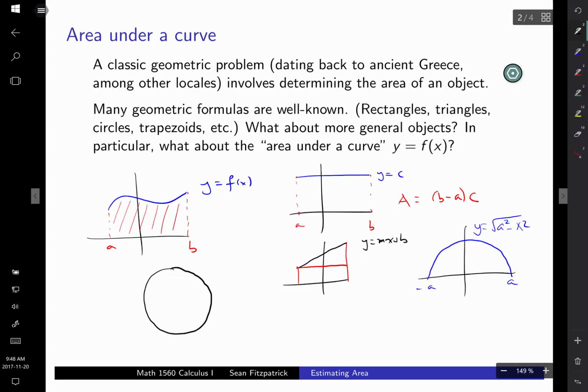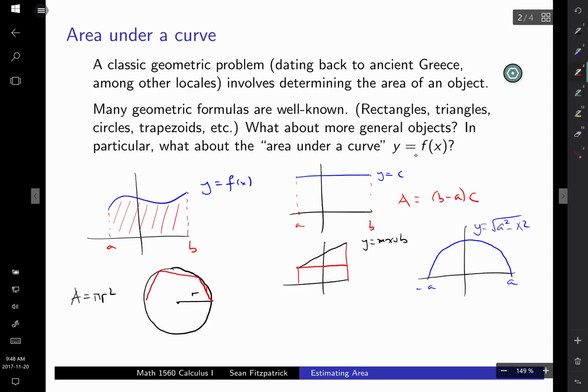The one thing that was maybe not well known at the time is how we actually calculate a value for pi, because we know that the area should be pi r squared. So how did we calculate pi? Well, one of the first people to attempt this was Archimedes, and he had the idea that we should calculate this area in terms of areas that we know.